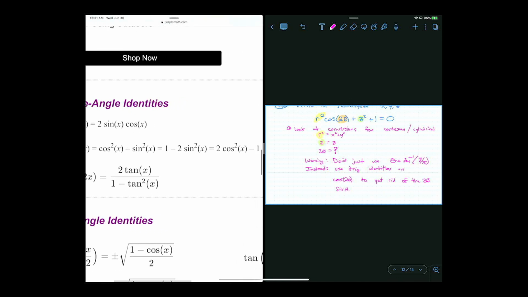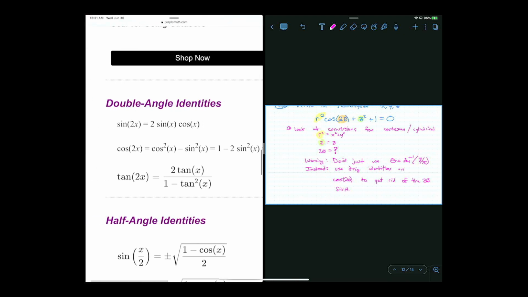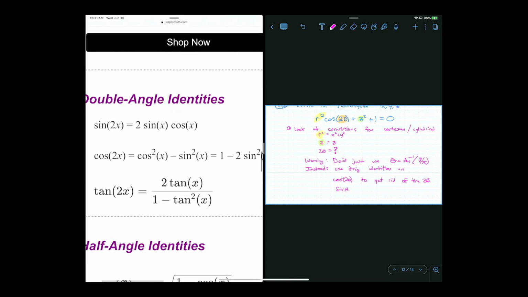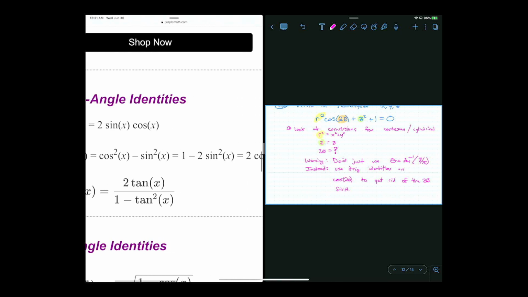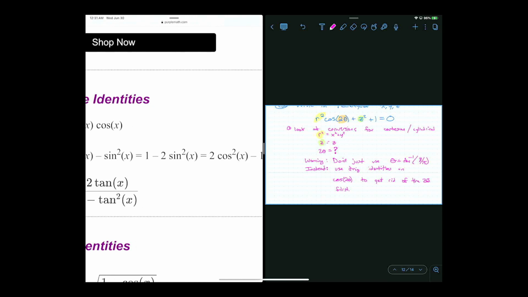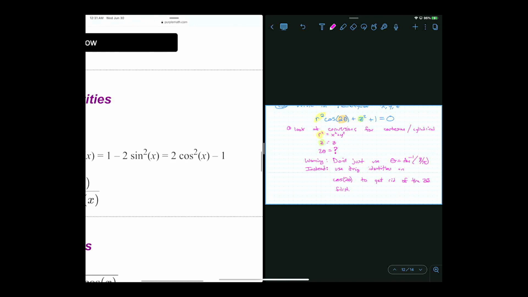So which one could we use here for the cosine 2x? We have cosine squared minus sine squared. We could live with that. 1 minus 2 sine squared x, we could do that. 2 cosine squared x minus 1, we could do that. I don't really see an advantage to any of those. And so since I don't see an advantage to any of those, I'm just going to pick one.